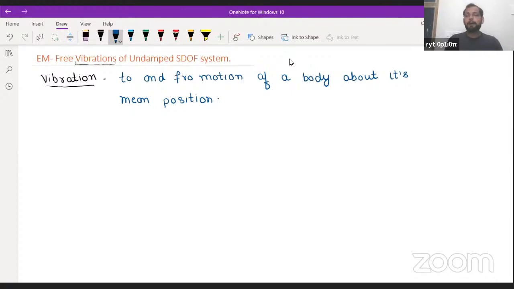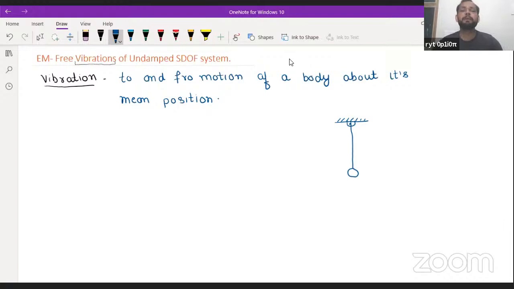For example, I am taking one example of a pendulum. I hope you understood what a pendulum is. So let us assume this is a pendulum. Up to when there is no disturbance force on the system, the system will remain in static equilibrium.